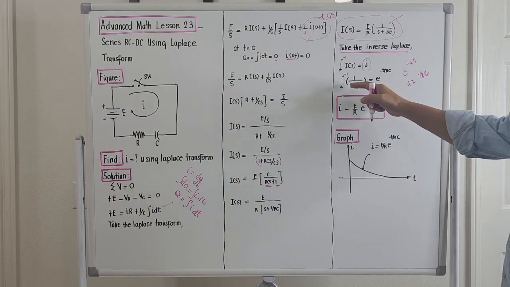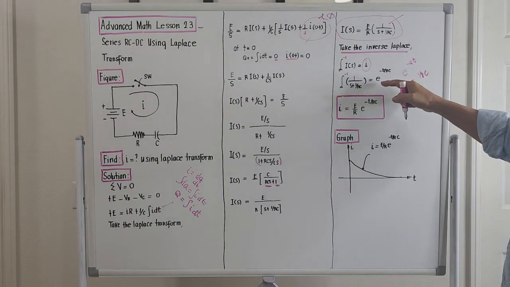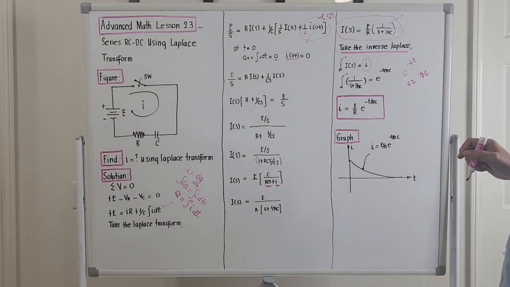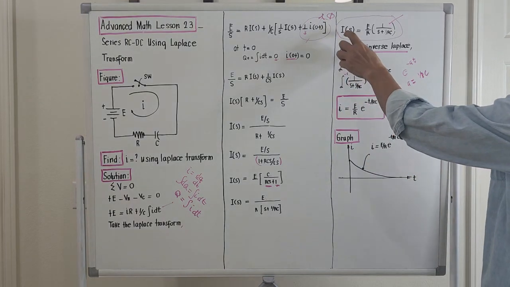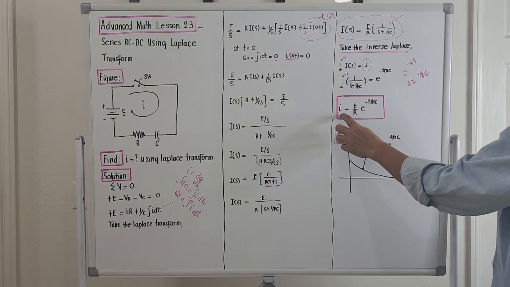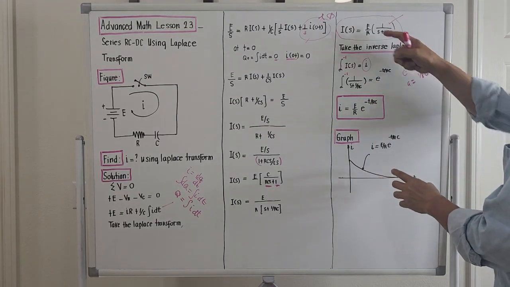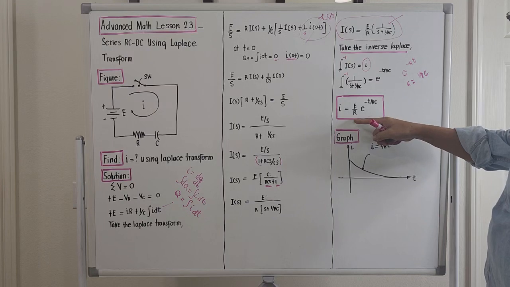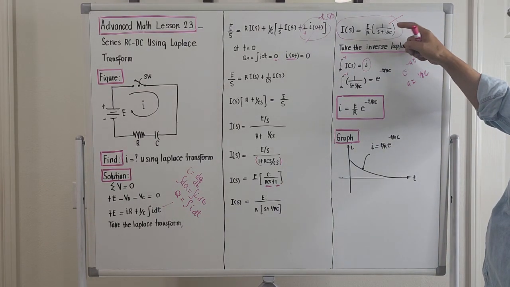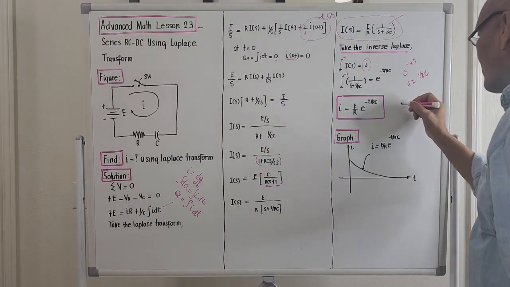So what comes out for the inverse Laplace transform of 1 over S plus 1 over RC is actually E raised to minus T over RC. So as a final solution now, the inverse Laplace transform of capital letter I as a function of S is small letter I, the one we are looking for, and they should be equal to E over R times E raised to minus T over RC. So this will be our final answer.